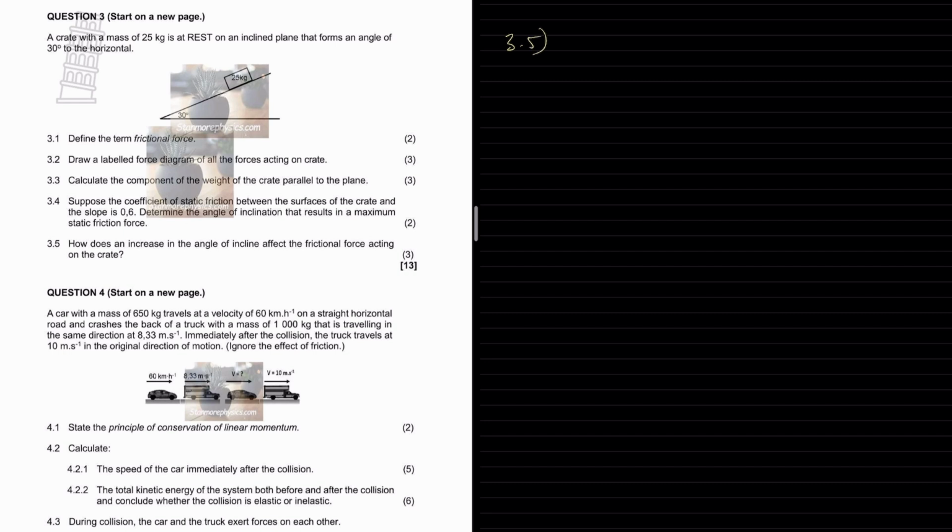Question 3.5. How does an increase in the angle of inclination affect the friction? Now, as we said, friction is equal to mu s times Fn. Now mu s and n was mg cos theta. Now let's look at the cos theta graph.